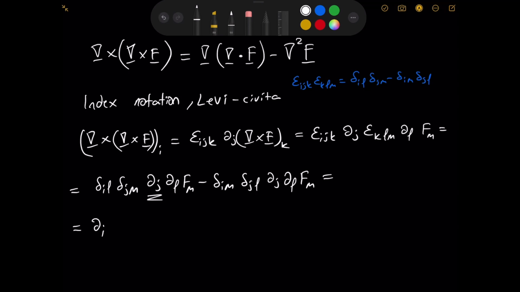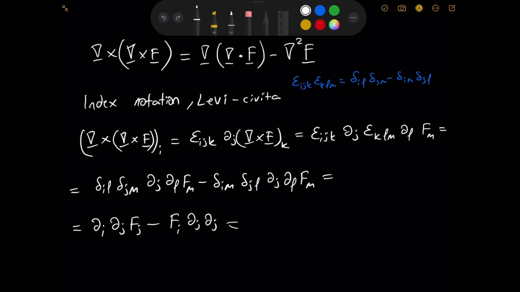So we have del j, f j, minus, again we're playing the same game. I will replace the m with an i, so f i. And then if you look here, instead of l, I will write j. So del j, del j. Now, you can notice that we have repeated indices here.